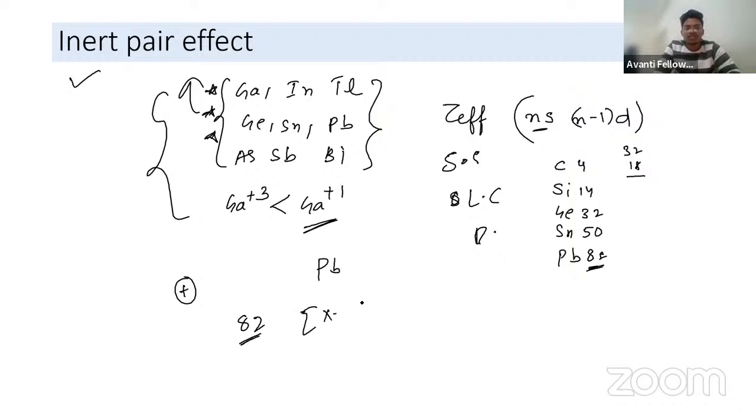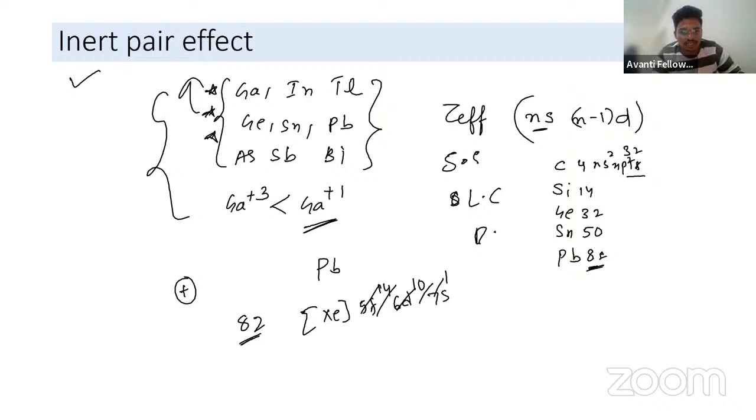So now for 82, you can write it as xenon. Last time we have written 5f14, 6d10, 7s1, I think. Just a minute, let me check the xenon electronic configuration. Generally, ns2 np2 is the outer electronic configuration.